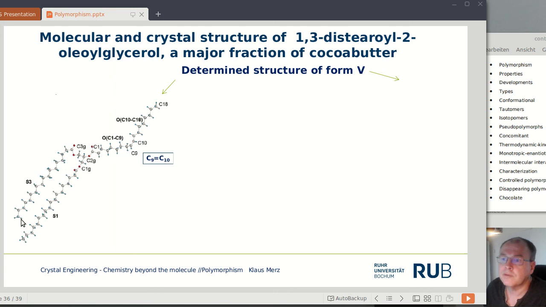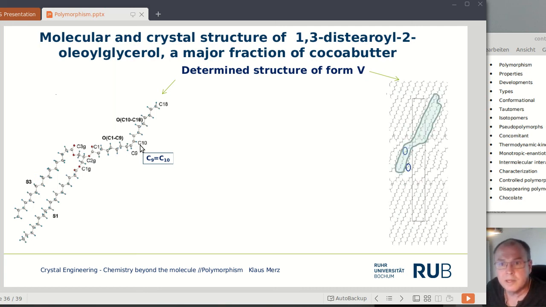Have a look. You have 3 chains, S1, S3, and the second chain is this one. And this is the node, you can say, and in this node the 3 chains are linked. And here, if you look C9, C10, this is a double bond. Okay? This is the crystal packing of form 5. Once again, you see the chain with the blue here, the blue signed region is the region of the double bond.